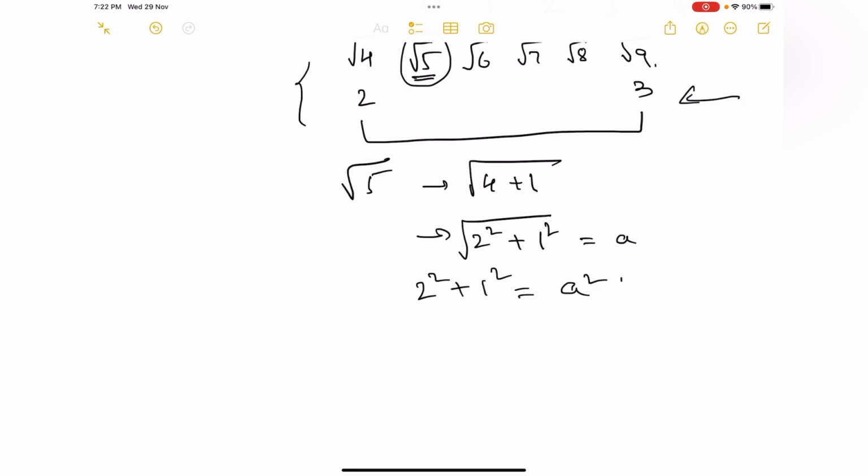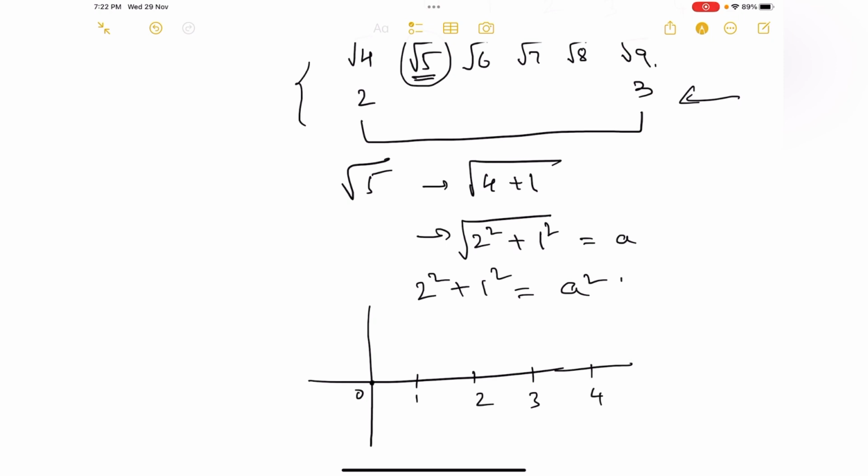Let's say this is our number line and we draw a vertical line at 0. You have your 1, 2, 3 and 4.